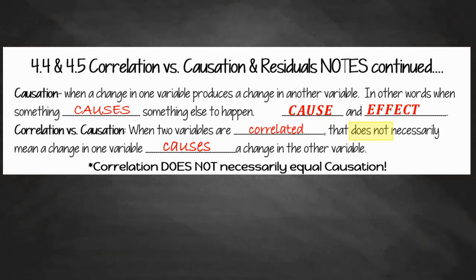Just because something is correlated does not necessarily mean that it's equal to causation, or that one is causing the other. We'll see some examples of this in our next slide.